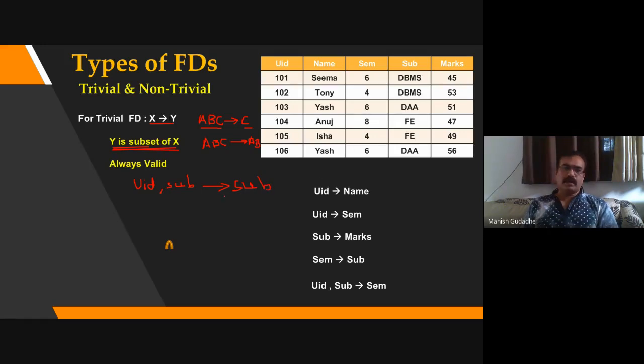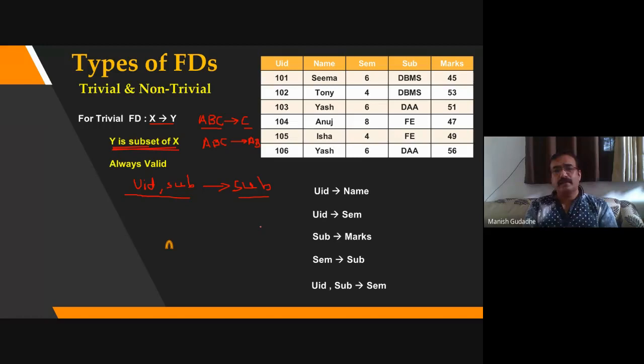In this case, subject is a subset of this super key. Of course, when I know UID and subject, I'll be knowing subject. So when I know ABC, I will be knowing A, B, and C. So it is a trivial dependency, and it is always valid.